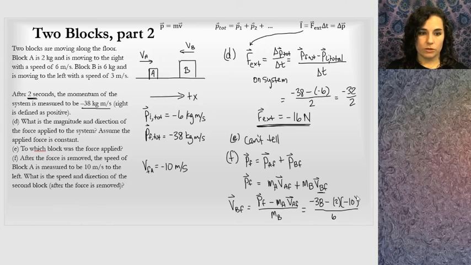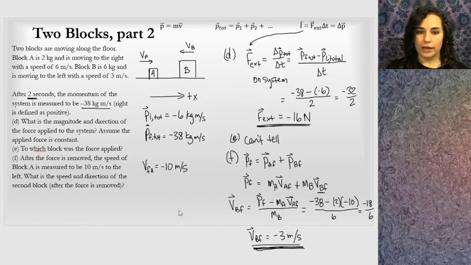So VB final equals negative 38 plus 20, which is negative 18, over 6. So VB final is negative 3 meters per second. Okay. So that's part F.